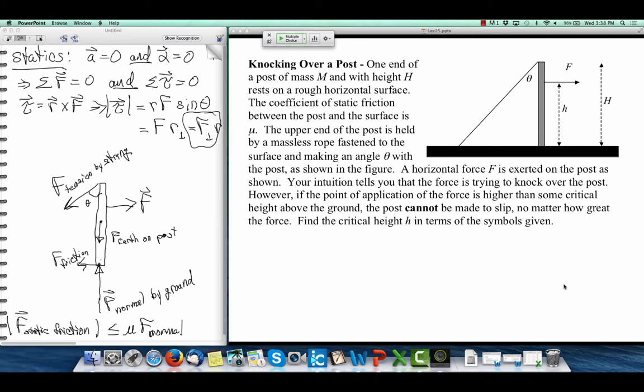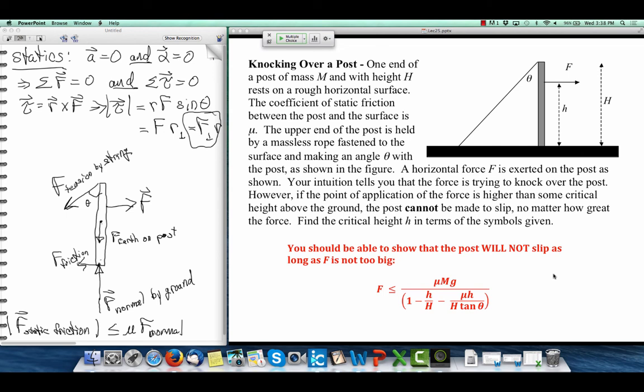At least this is the way I did it. So there's an inequality here. Static friction force is an inequality. That can give you an inequality in one of your force equations.